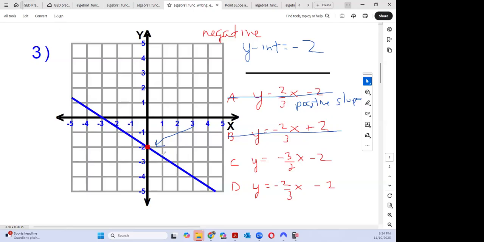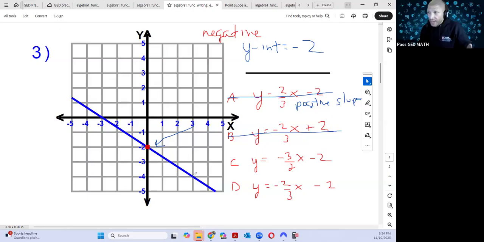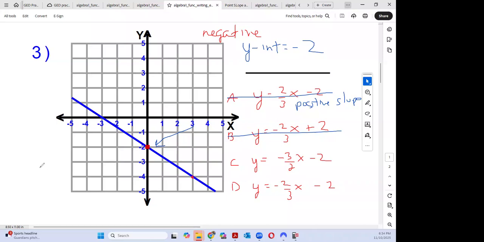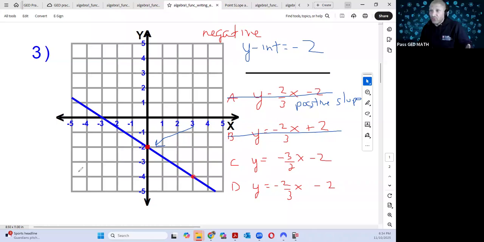So I'm going to go down this line, and I get right here, to the 4. So now, using rise over run, I can figure out my slope. Let me start with the leftmost point. To get to the second point, which direction am I going, up or down?